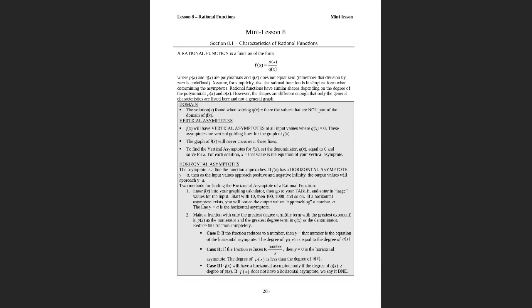To find the vertical asymptote, the red line which I just showed you, you have to go to the function and then look at q of x equals 0. That is the denominator part.